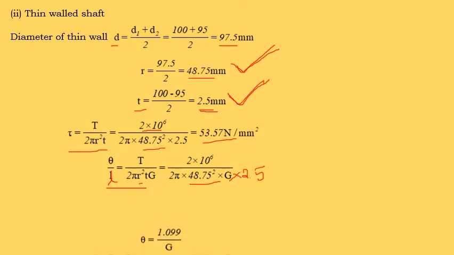So after simplifying this, we get theta value in terms of G. Theta is equal to 1.099 divided by G.